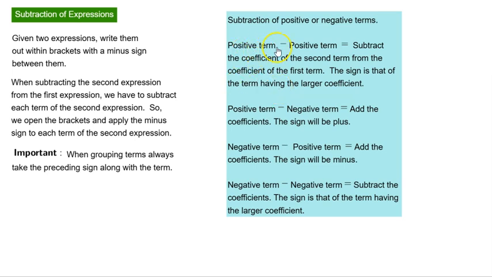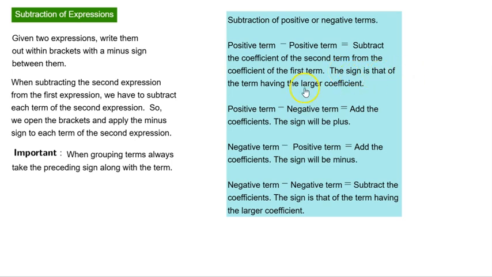If we have positive term minus positive term, here remember we can do this only if they are like terms. So positive term minus positive term means subtract the coefficient of the second term from the coefficient of the first term. So pretty straightforward subtraction.